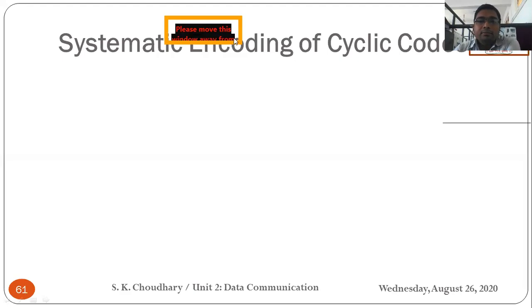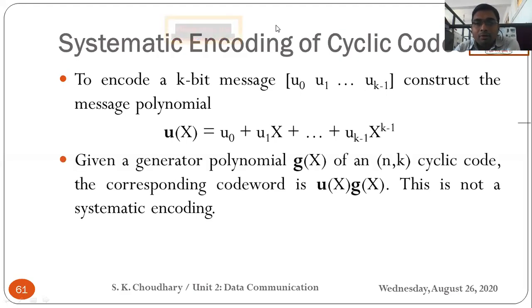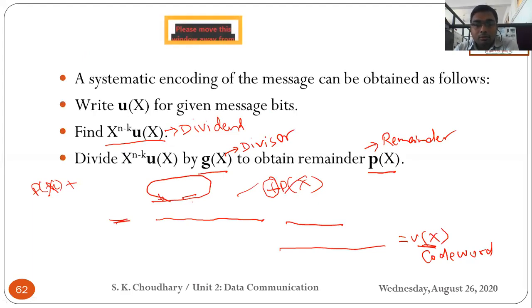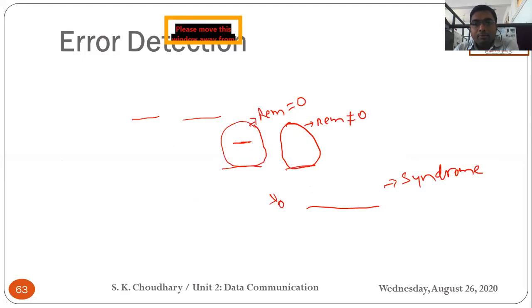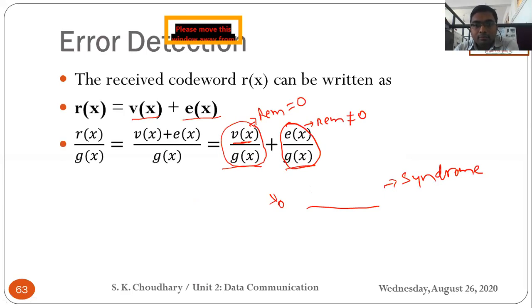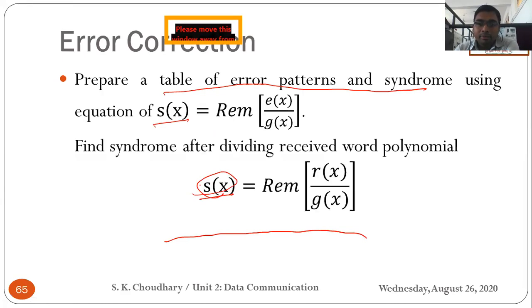In the last lecture, we have learned the systematic encoding of cyclic codes. In that systematic encoding, we first learned the procedure to write the systematic encoding in cyclic codes, and then we learned the error detection method. After the error detection, we learned the error correction method.